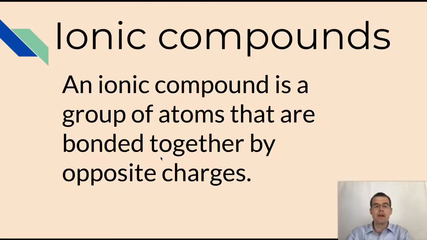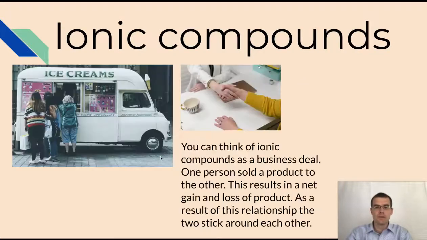Ionic compound. An ionic compound is a group of atoms that are bonded together by opposite charges. So here's a way of thinking about ionic compounds. You can think of ionic compounds as a business deal. One person sold a product to another. This results in a net gain and loss of product.